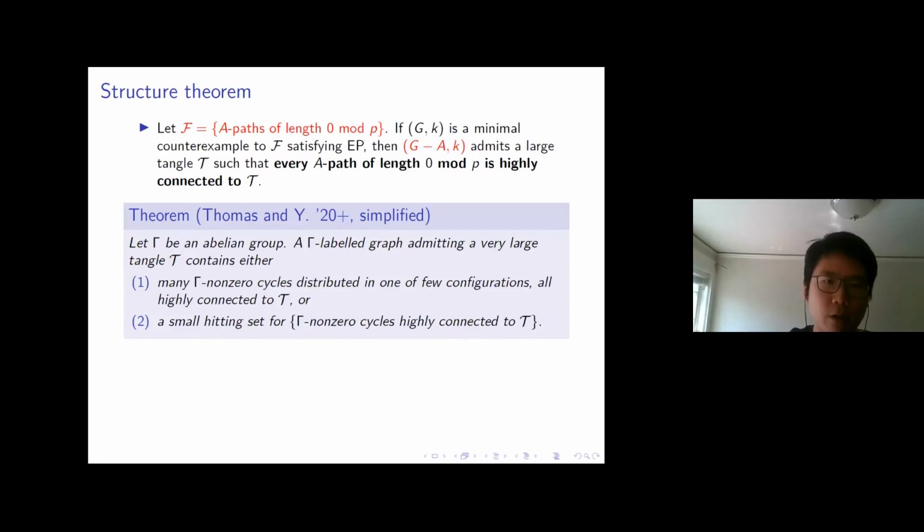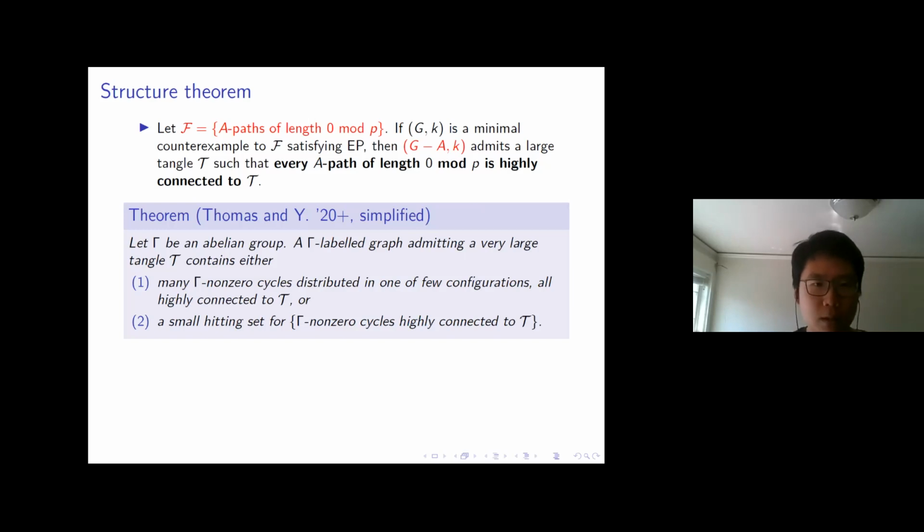That's just from the grid minor theorem, but we can also refine the structure of this wall in terms of the lengths of the edges. For example, I can find a very large wall where every brick is a non-zero cycle. Or I can find a large wall where every brick is a zero cycle, but I have these nice non-zero linkages on the outside of the wall. Or one of these kinds of configurations.